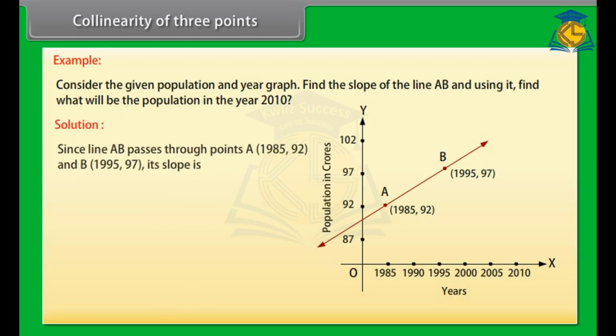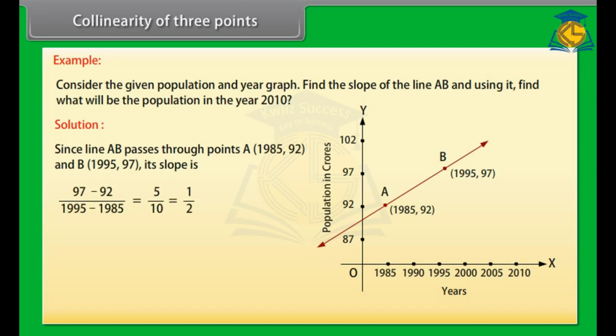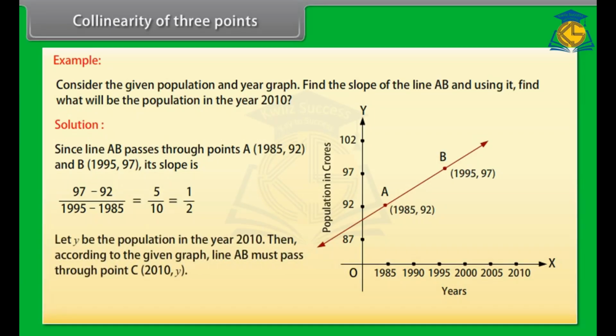Solution. Since line AB passes through points A (1985, 92) and B (1995, 97), its slope is (97 minus 92) by (1995 minus 1985) is equal to 5/10 is equal to 1/2. Let Y be the population in the year 2010.